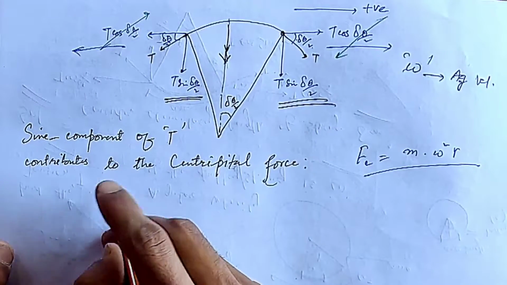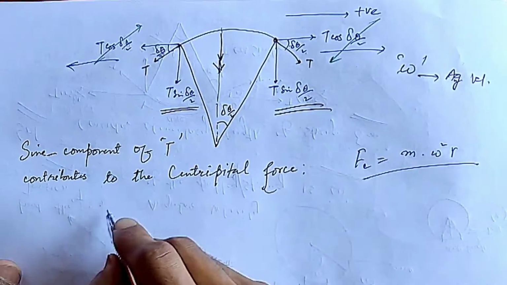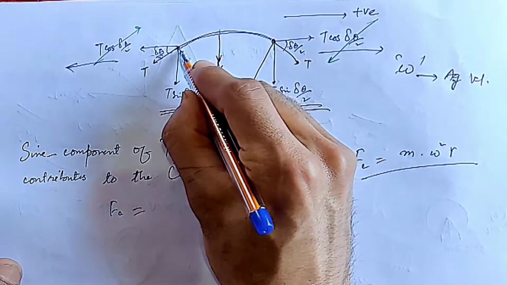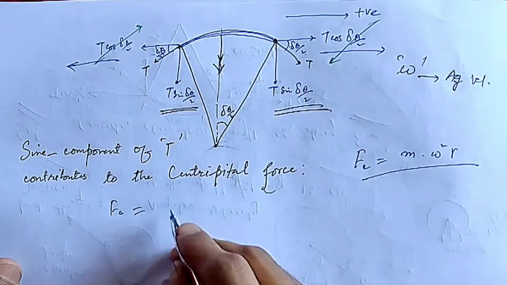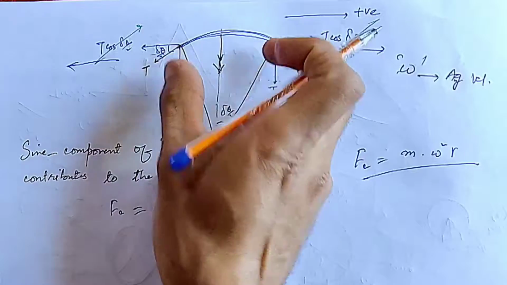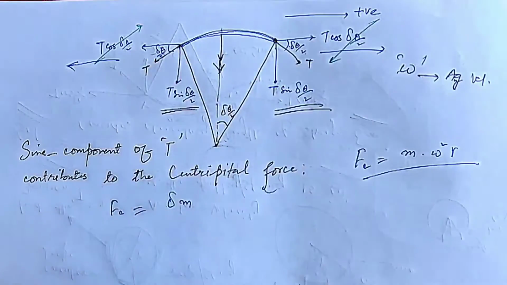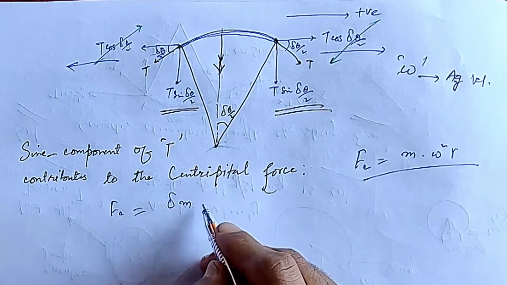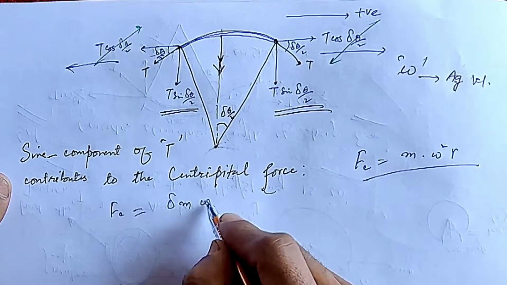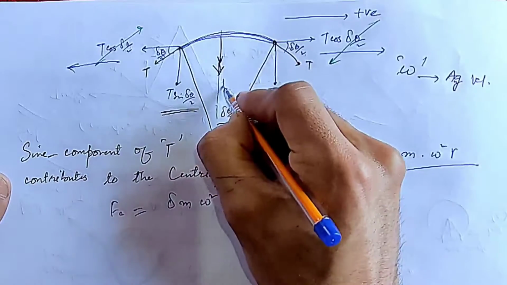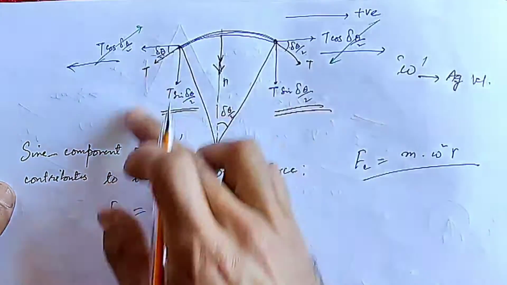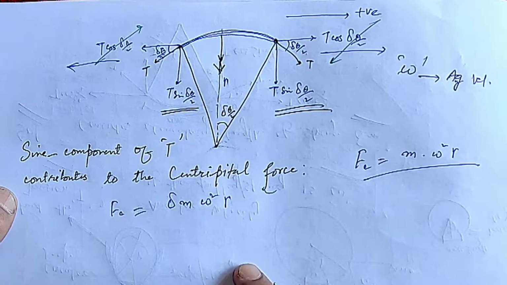So we have Fc equal to the mass of this component of the string. It is delta m, because this is the elementary particle of the original string. So delta m multiplied by omega squared r. R is the radius of the circular string which forms around the roller.